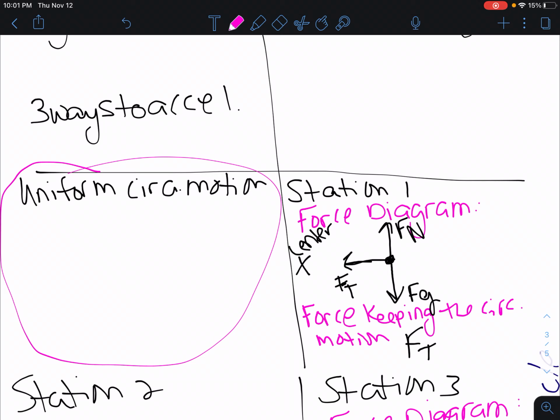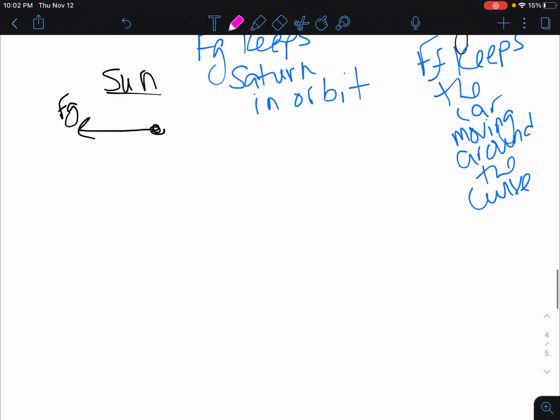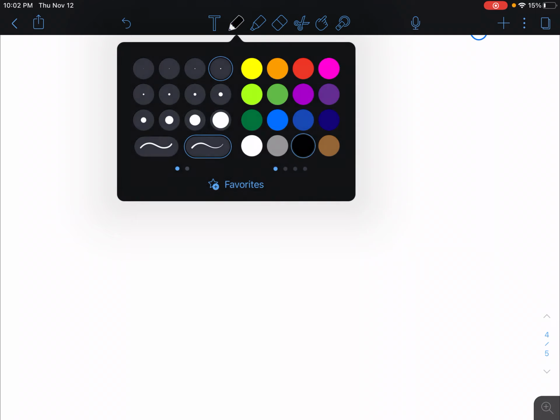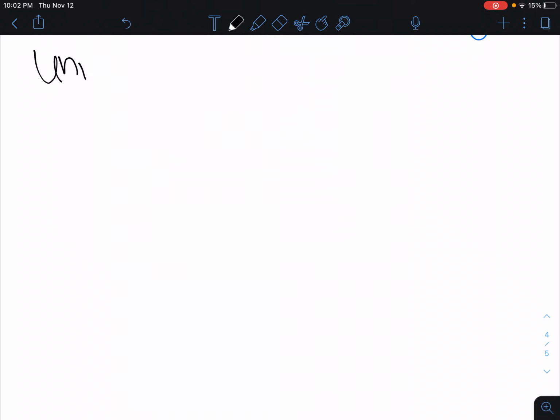So let's talk about uniform circular motion in general. Let's kind of tie everything we just looked at together. So again, this is the square that I entitled uniform circular motion. So this is one of the two remaining squares you have that don't have any writing in them.